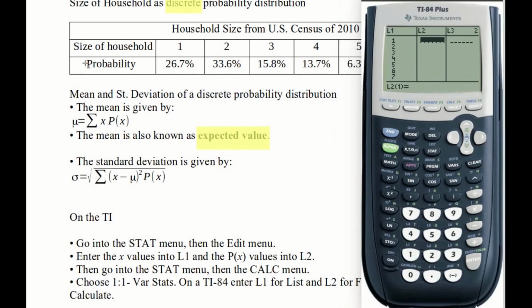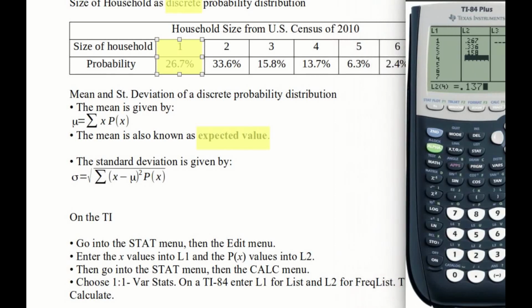So I'm looking at, for household sizes of 1 person, I'm seeing 0.267. I'm going to enter that. Then I see 0.336. Then I see 0.158. Then I see, we're now at 4, 0.137.